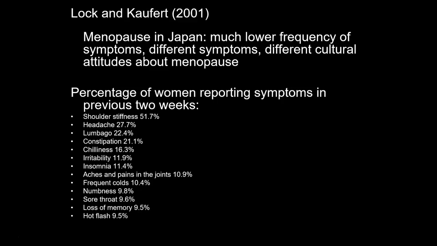So they did a lot of work looking at reported symptoms. And some of the symptoms simply didn't exist in one place versus the other, and others were experienced in significantly different percentages.